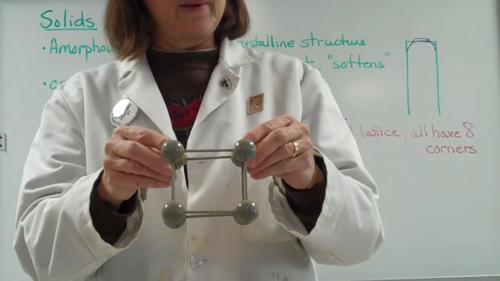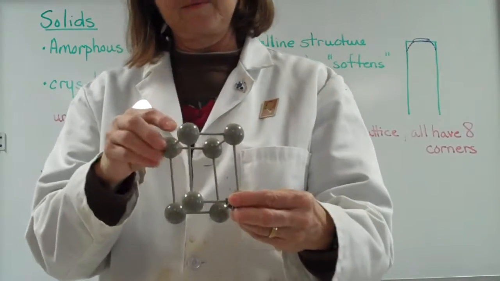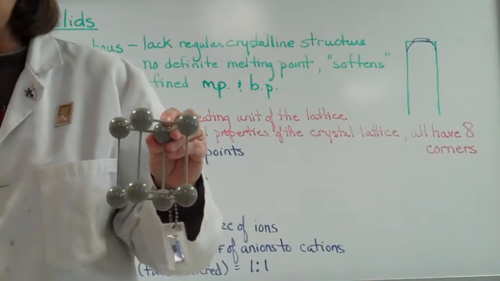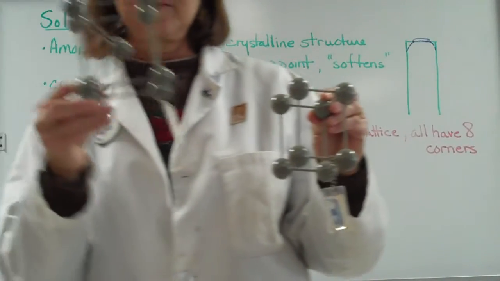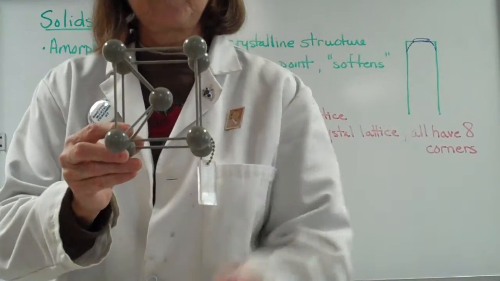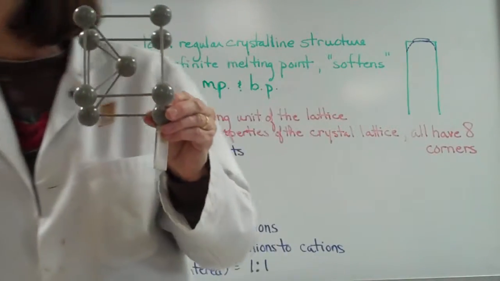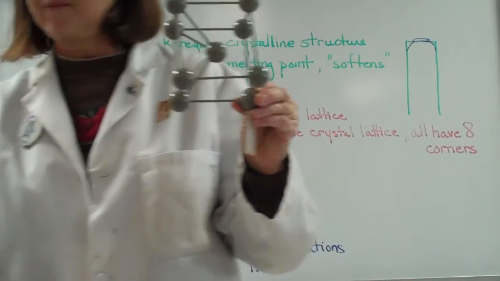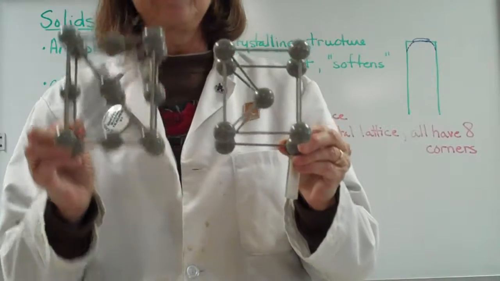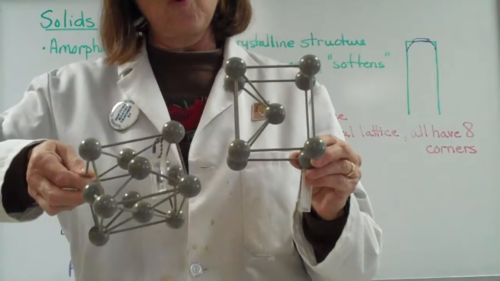Simple or primitive orthorhombic. How can we see variations on this structure? What would these be called? Body-centered, face-centered orthorhombic.